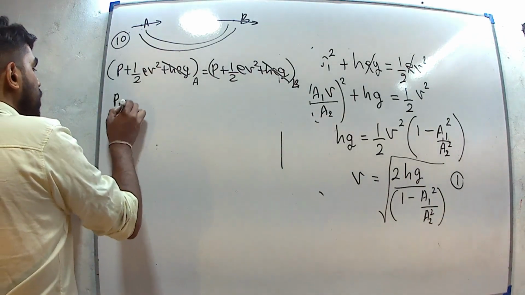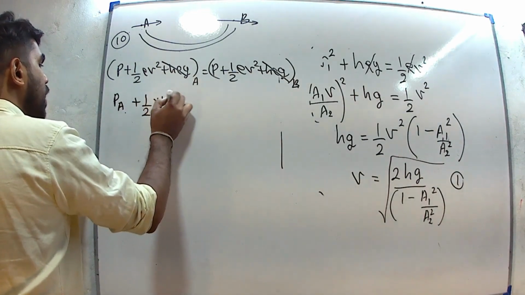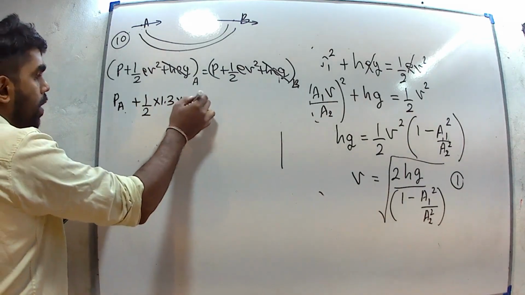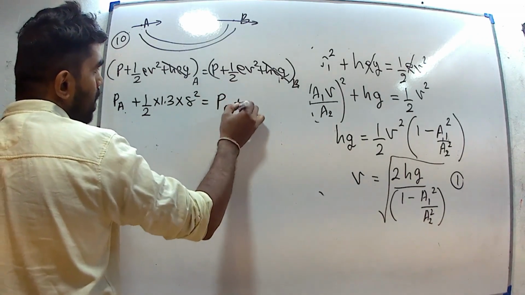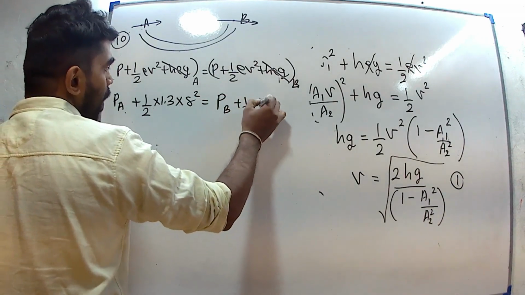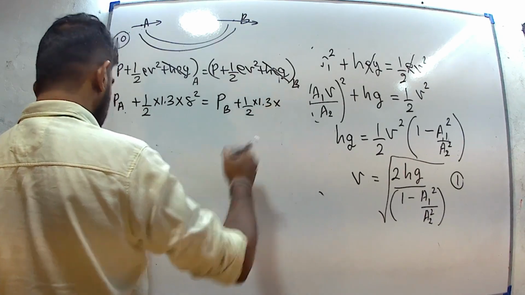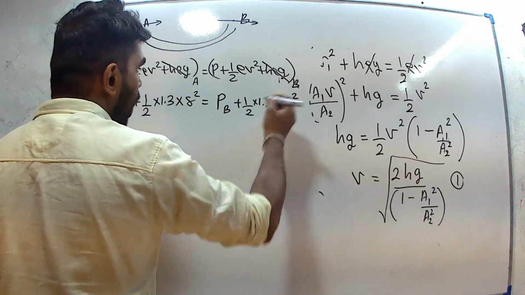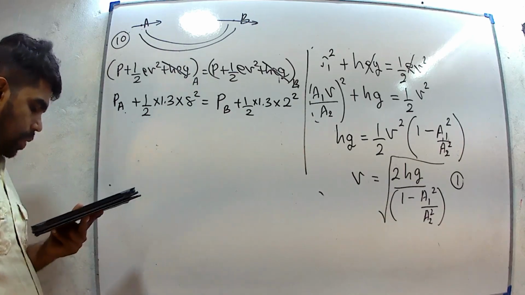Pressure at A plus half times 1.3, velocity at A is 8, squared, equals pressure at B plus half density 1.3, velocity at B is 2 meters per second, then 2 squared. We have to find the pressure difference.